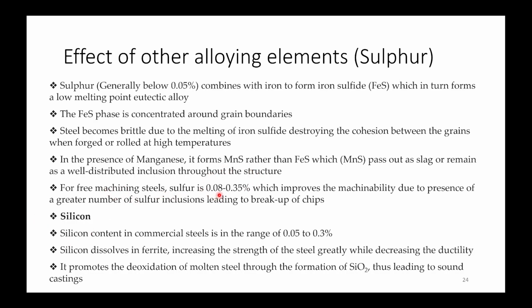No, MnS will be good compared to when it is present in the form of FeS. If FeS is present, you can't hot roll your material. Compared to FeS formation, MnS is better. It's not very good, but it is better compared to that. It will be well distributed, then a dispersion type of hardening will be there.